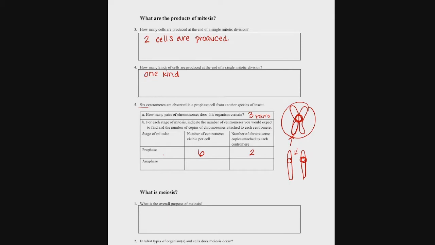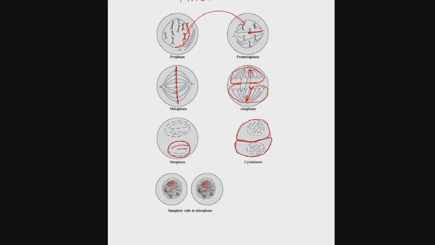And then in anaphase, which we saw back here, now that they're split, they're no longer like this. So let's say we had 6 chromosomes, right, like we're saying. Once anaphase pulls them apart, they are going to have their own centromere.